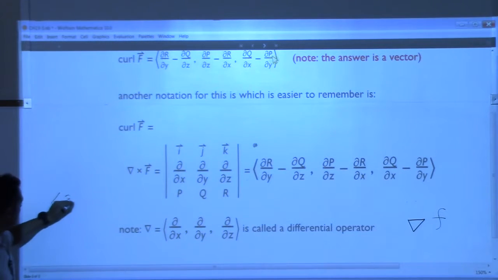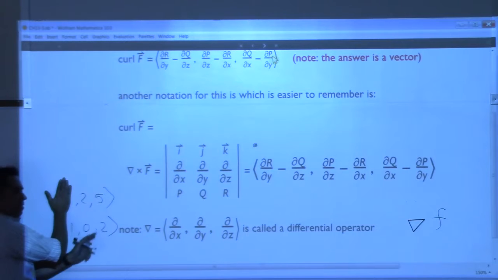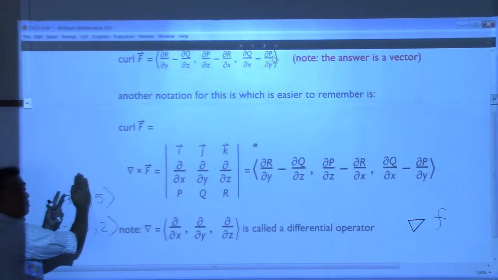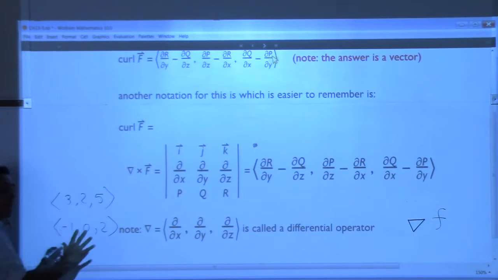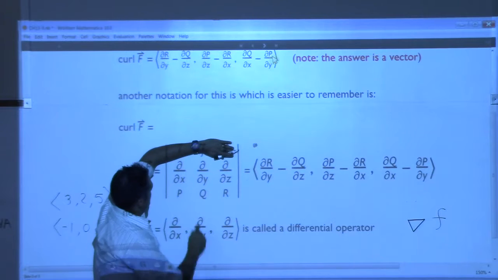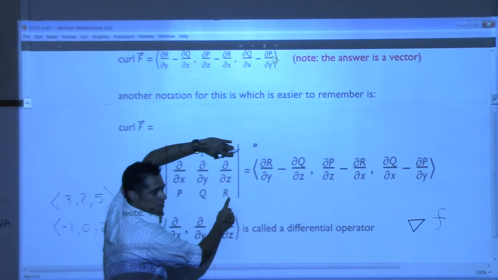You have two vectors, 3, 2, 5, and we want to cross it with -1, 0, 2. Then we do this thing where we cover up, do the little determinant, cover up, do the determinant, change the sign, cover up, do the determinant thing. Yes? We want to do the exact same thing, but we want to do it with the partials and the vector field.